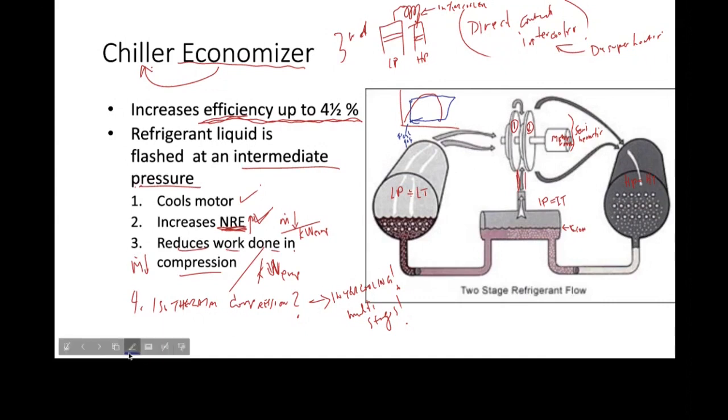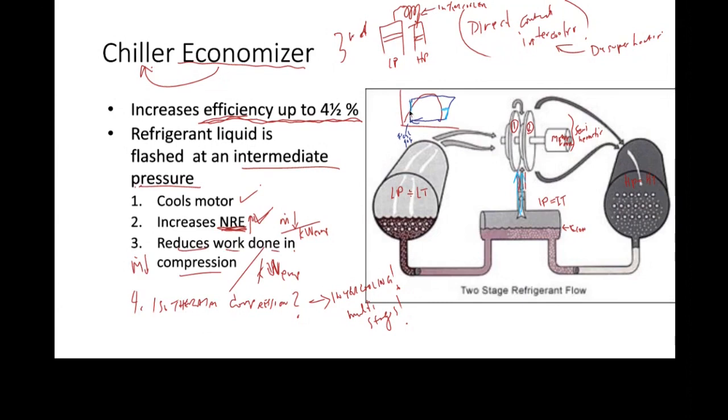But what I can do is break this down into two stages of compression. I'm going to compress it adiabatically to an intermediate pressure, and then I'm going to put cool intermediate pressure refrigerant in between the stages. Okay, where did I get that refrigerant from?